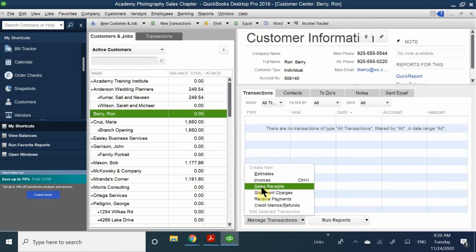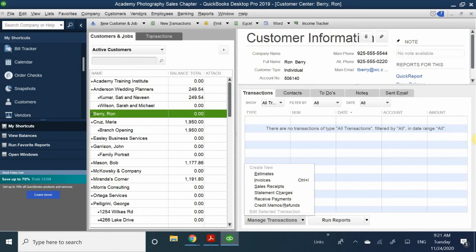There's a total of 5? 6. There's 3 once you get to the customer center, 1 on the home page, 1 on the menu bar, and 1 on the income tracker. All right, so those are the 6 ways you can enter in a sales receipt.